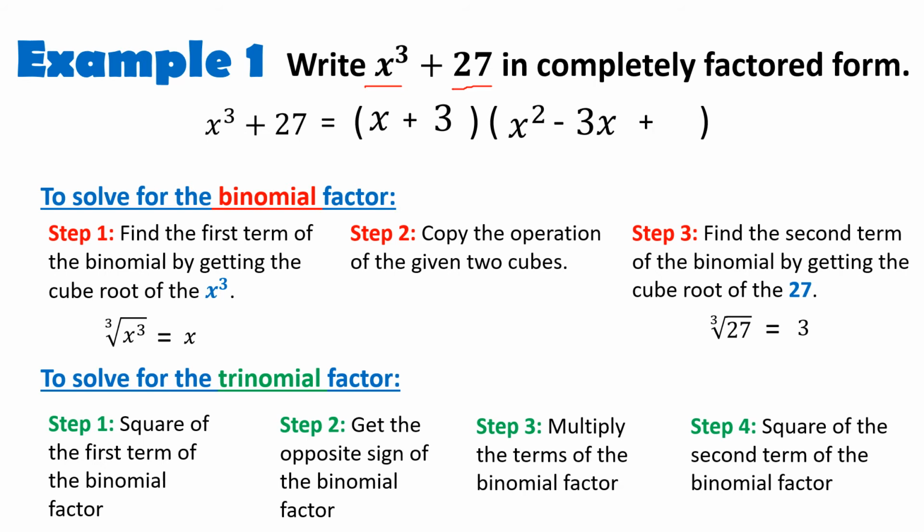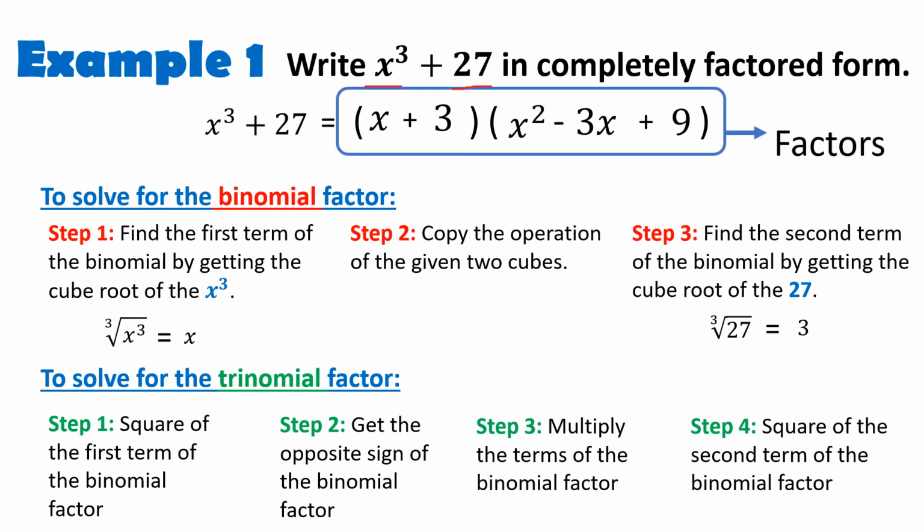So what is the square of 3? 3 times 3 is 9. Then, the factors of x cubed plus 27 are x plus 3 times x squared minus 3x plus 9.